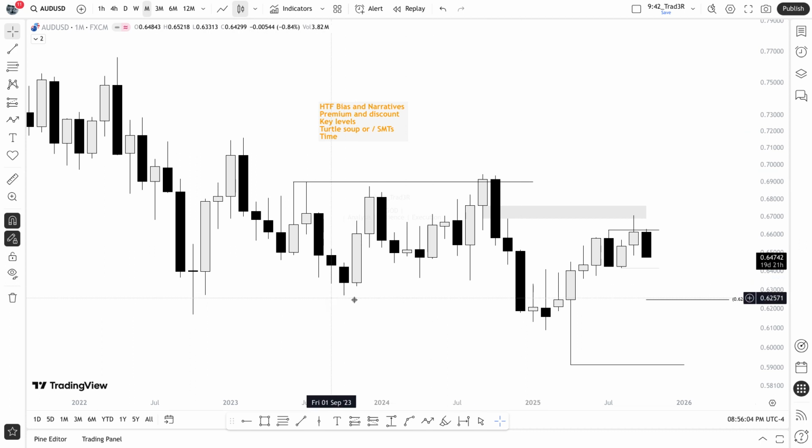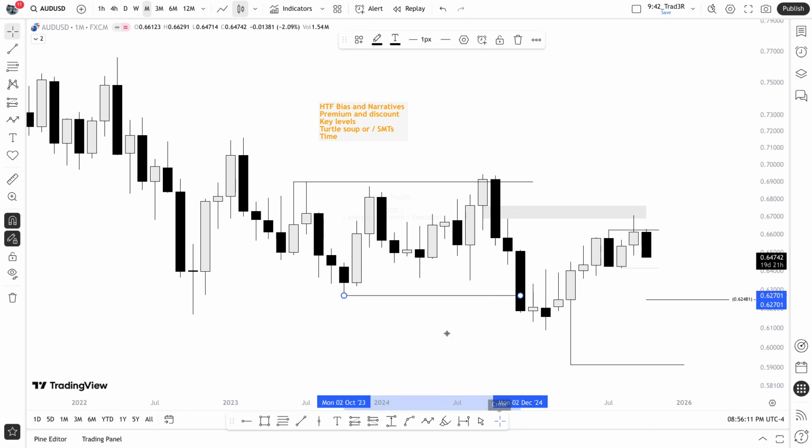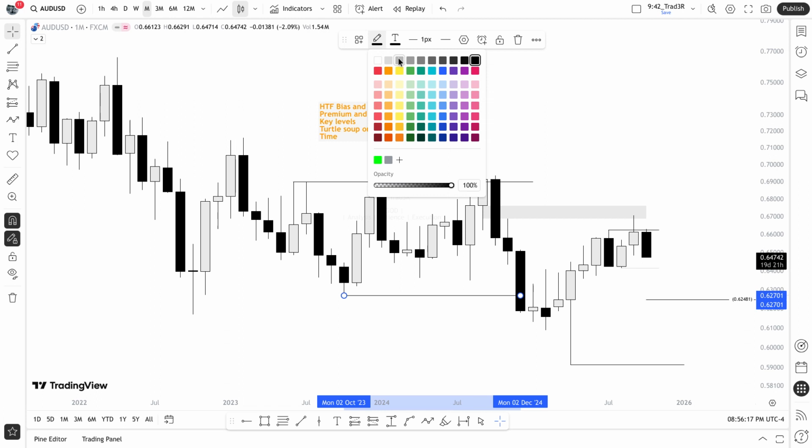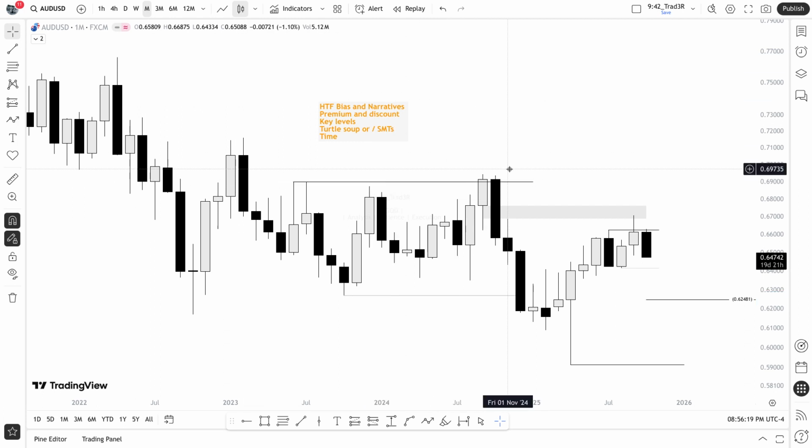Now in this case, they are not just taking liquidity below the old lows, they are closing below the old lows here. So we have a close below these lows, and here we had a rejection above this high. So this is the total soup, which is here.